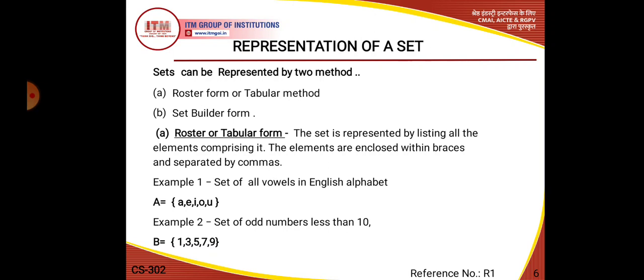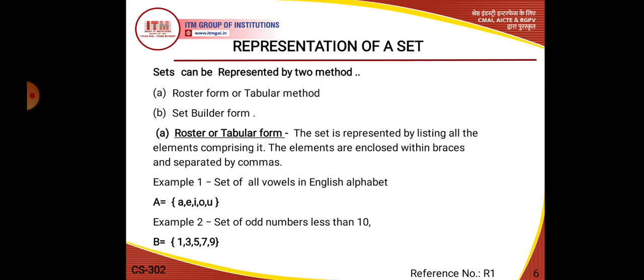First is roster or tabular form. The definition says the set is represented by listing all the elements comprising it. The elements are enclosed within braces and separated by comma.